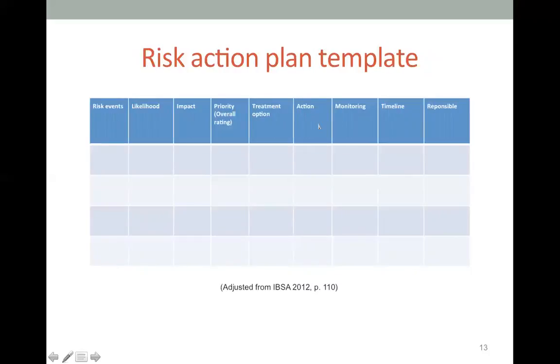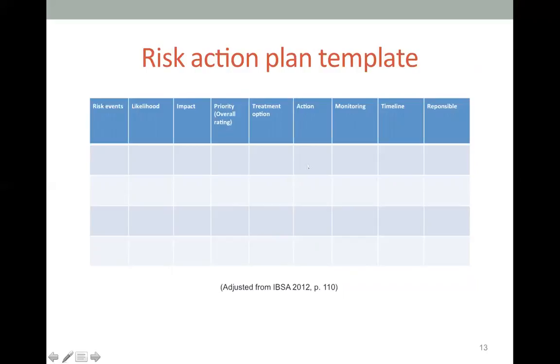All right, so risk action plan template. I'm not going to discuss this a lot more, but this is actually also related to your assessment 2 and 3. You can use these templates. Here we have the risk events, likelihood, impact, priority, or before we analyze the priority, we have the risk level and treatment options, whether we want to accept the risk, or reject the risk, or transfer the risk, or share the risk.